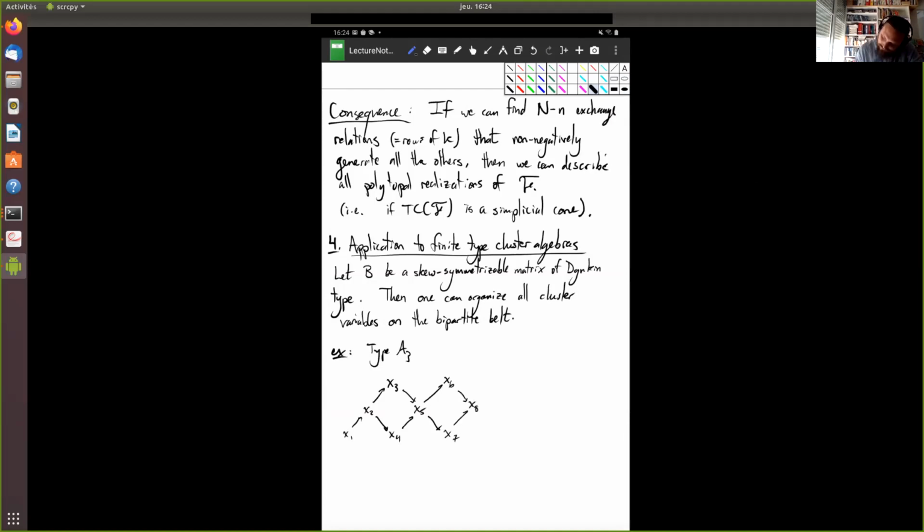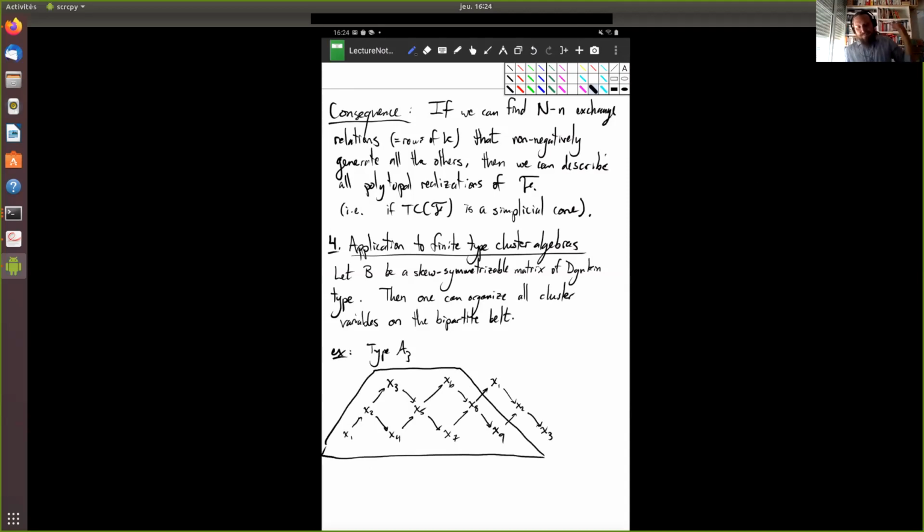So I'm numbering them pretty arbitrarily. And then if you continue, then this is periodic, of course. You go back to where you started from. So the important bit is here, this fundamental domain that contains all the cluster variables.